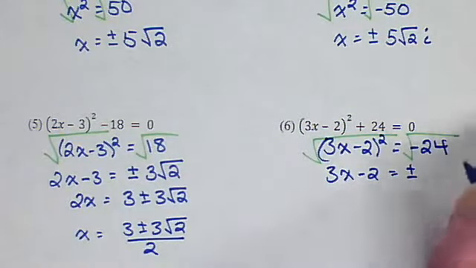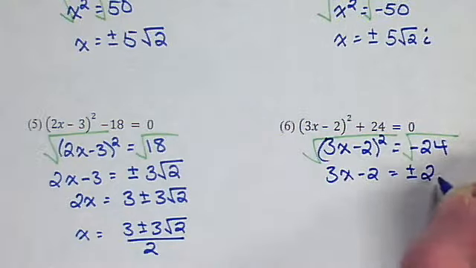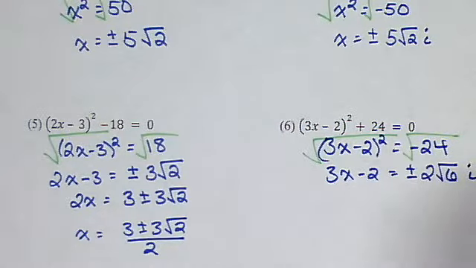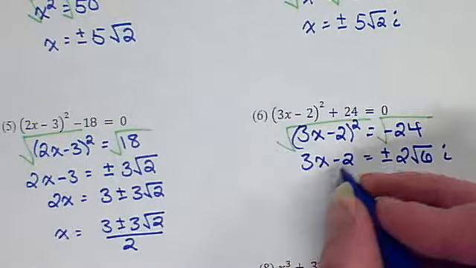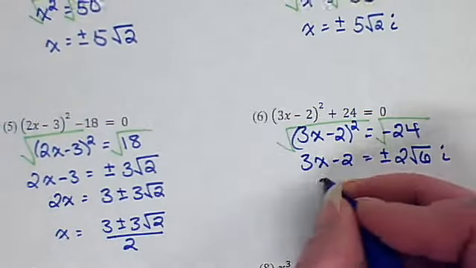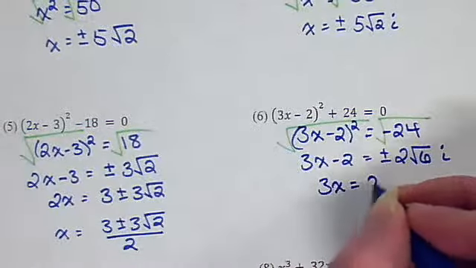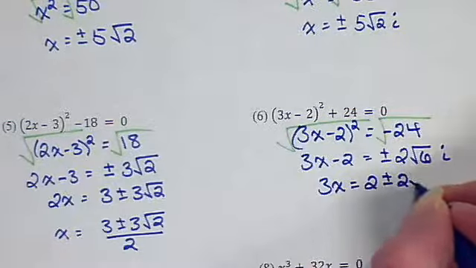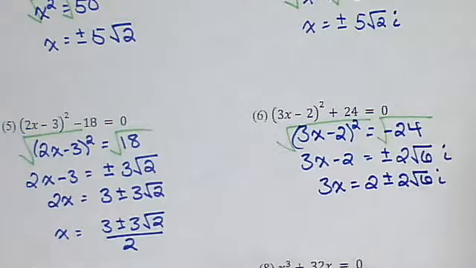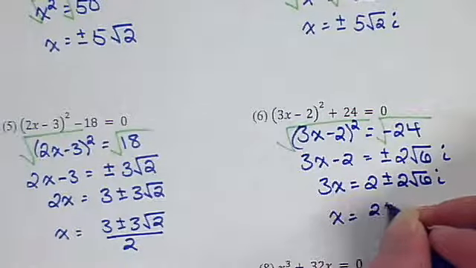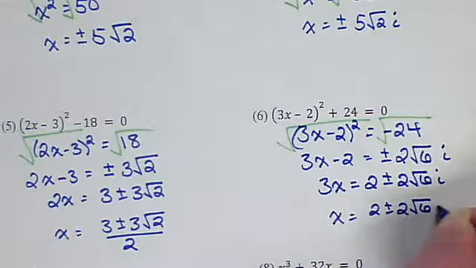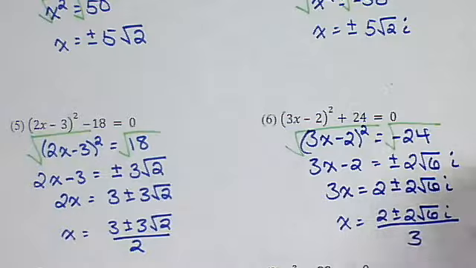I know that's 4 times 6. That's 2 square roots of 6. But I better take an i out because it was imaginary. Now I want to get x by itself. So I need to get rid of that minus 2. So let's add 2 to both sides. And then divide by 3. That's really nifty. Wish all problems worked like that.